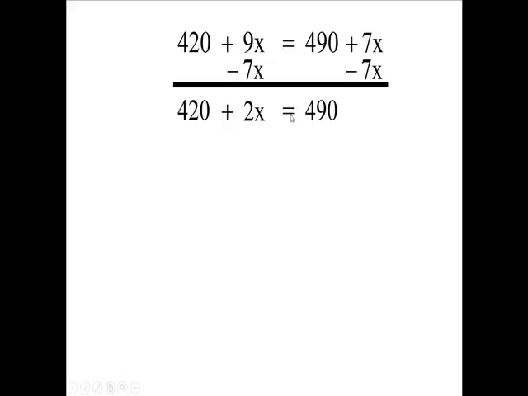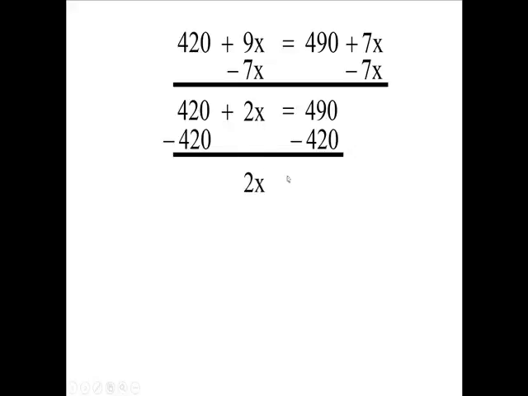Well, this equals is like a giant divider. You can't say that 490 is next to the x because there's an equals between those two. So the number that's next to the x is this one, 420. So we're going to get rid of him now. So subtract 420 from both sides.